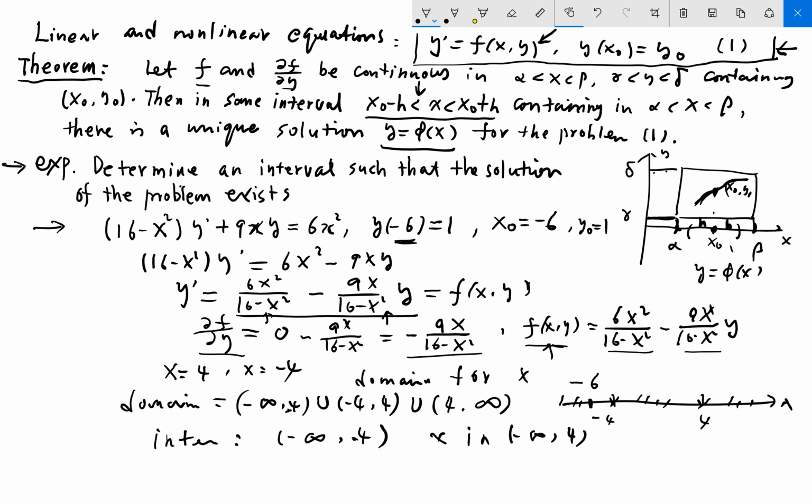As long as your x is in this minus infinity to minus 4, then our f and the partial f, partial y will be continuous. Okay. Therefore, the solution of this problem exists and is unique.